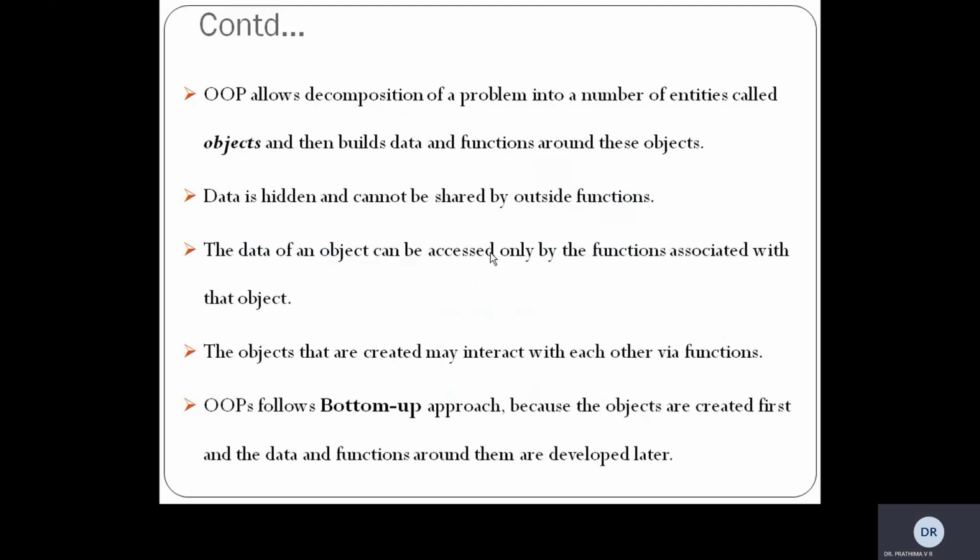The data of an object can be made accessible only by the functions which are associated with the respective object. The objects which are created might interact with each other with the help of functions. And object-oriented programming always follows what is called the bottom-up approach, just because the objects are created first and the data and functions are developed later.